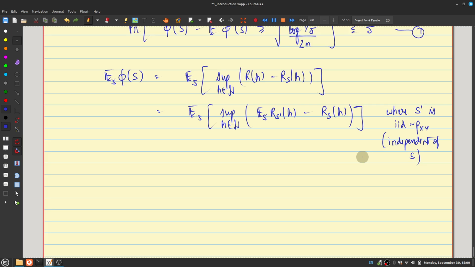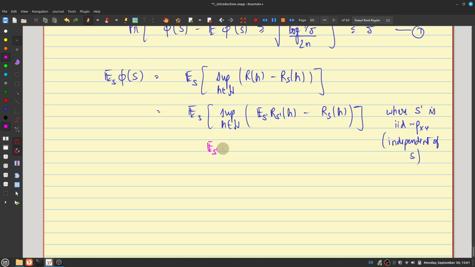The generalization, the value of the loss, is the expected value of the loss, whereas in the RS there is an extra 1 by n. But it's a sum over n terms, right? So let's just write it down.